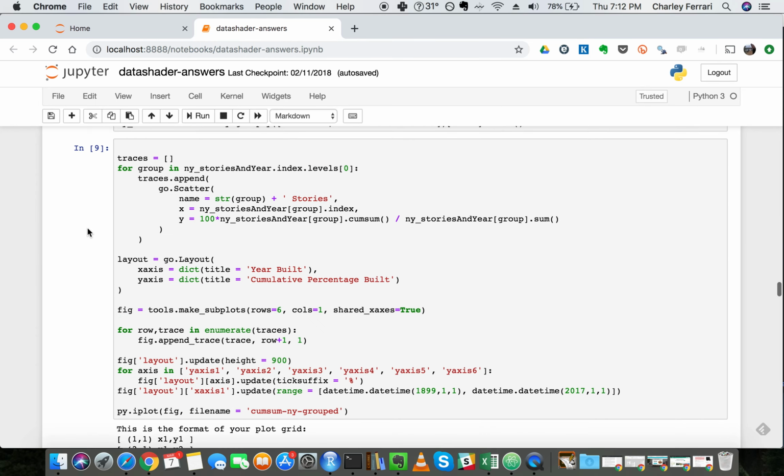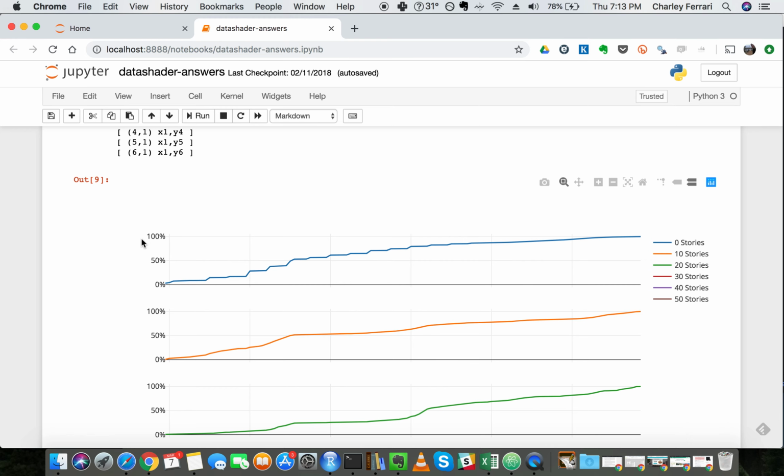So I have my 0 to 10, 10 to 20, all the way up to 50 and above. And with all of these, they're all percentages, so these are all comparable. We could look at these on the same axes like this and be sure that we're drawing the right conclusion.